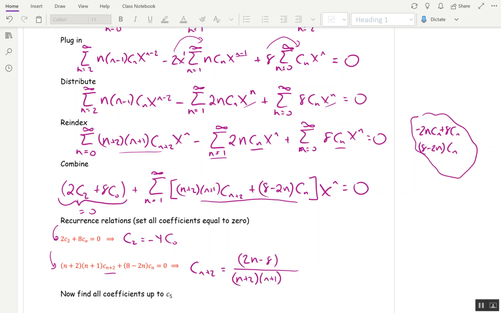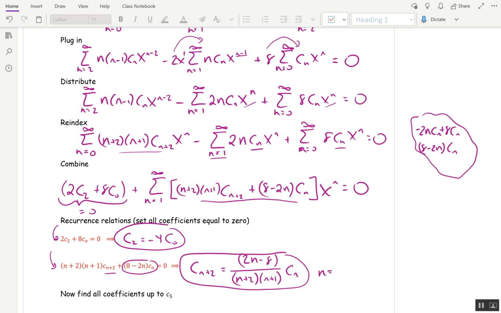Okay, so let me clean this up a little bit. Pause the video if you have to and make sure you understand what I did. I solved for Cn plus 2. That introduced a minus sign when I subtracted this whole term. And instead of writing negative 8 minus 2n, I just wrote it as 2n minus 8. Okay, so I have that, and I have this. And this guy is valid for n equal 1 to infinity.